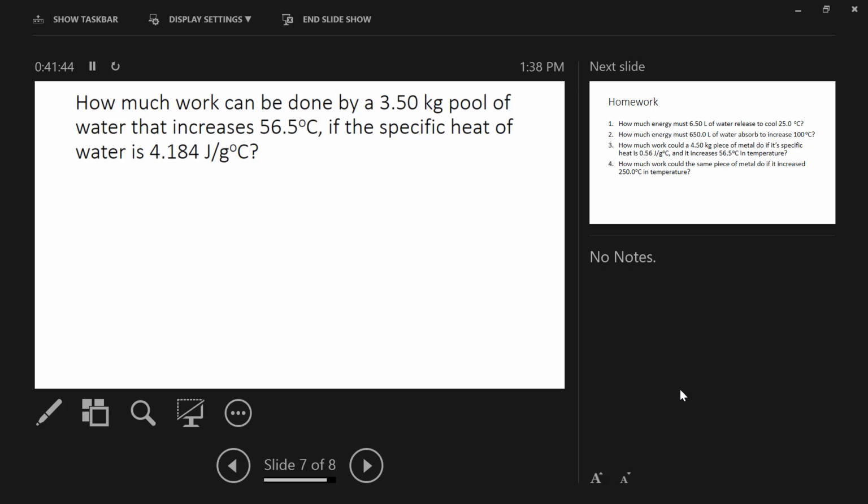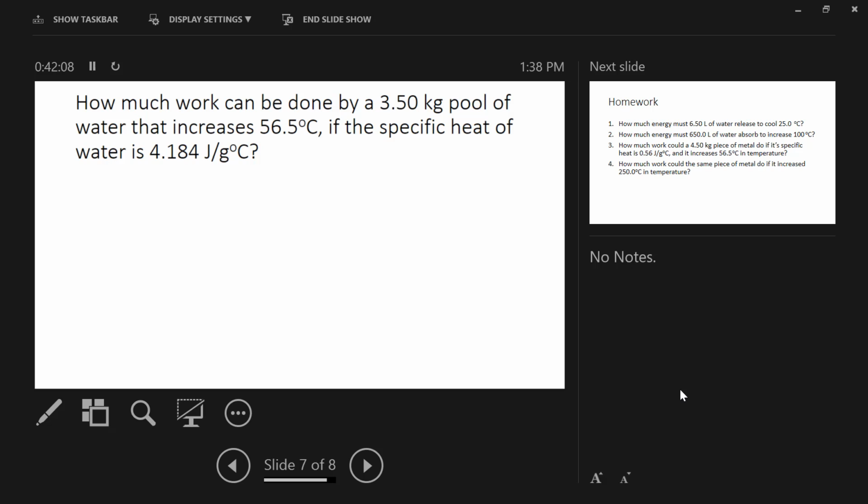All right? Now, these problems could be set up in such a way that you had to solve for a different variable. Okay? In all of your homework problems, they're set up like this, where you're either calculating heat energy for Q or you're calculating work, but you're using this tool.